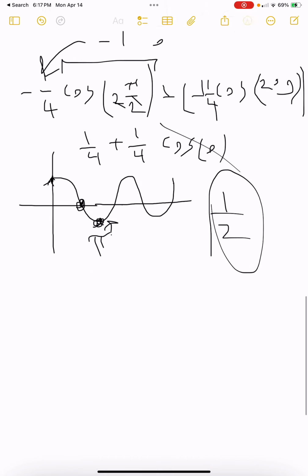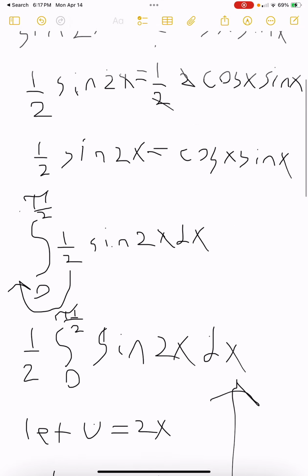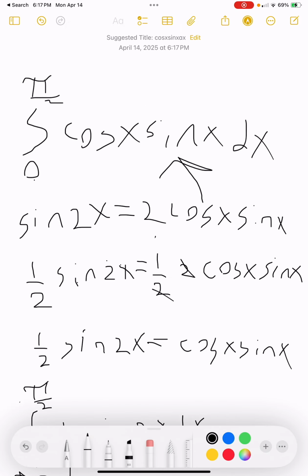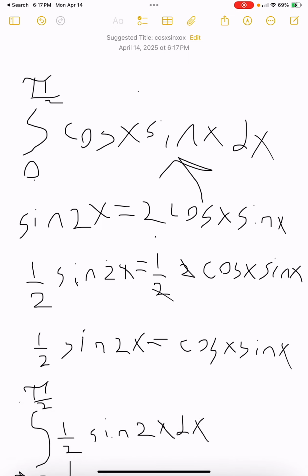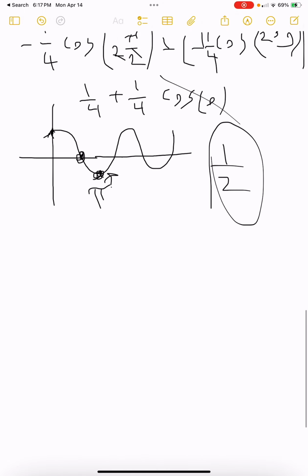Alright. So in simpler terms, the area of the curve given by this function, cosine x times sine x, the area from 0 to pi over 2 is exactly 1/2.